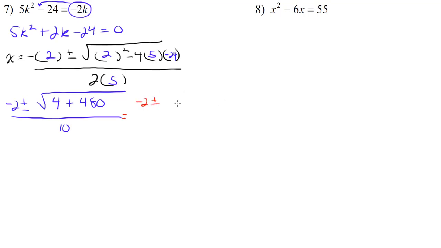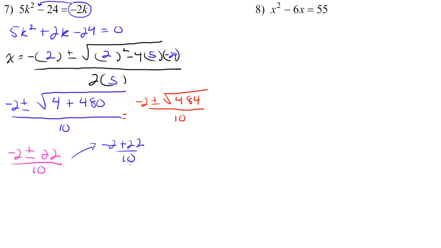So negative 2 plus or minus radical 484 over 10. 484 is a perfect square. The square root of 484 is 22. So we have here negative 2 plus or minus 22 over 10. And this gives us our two expressions. So negative 2 plus 22 divided by 10 and negative 2 minus 22 divided by 10.